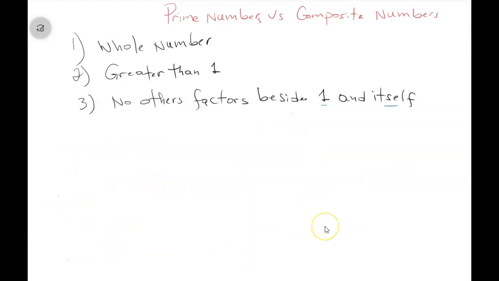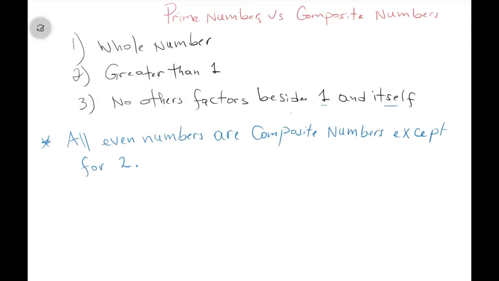Now, one thing we can conclude is that all even numbers are composite numbers except for the number 2.